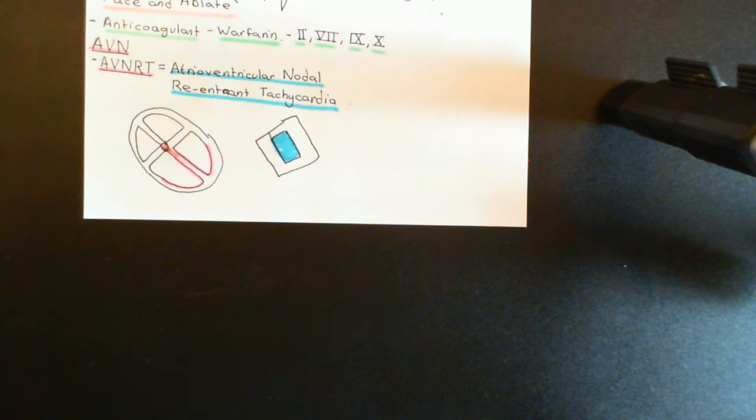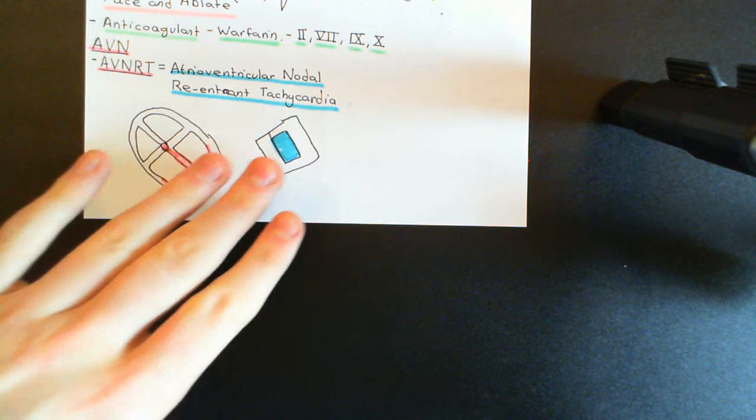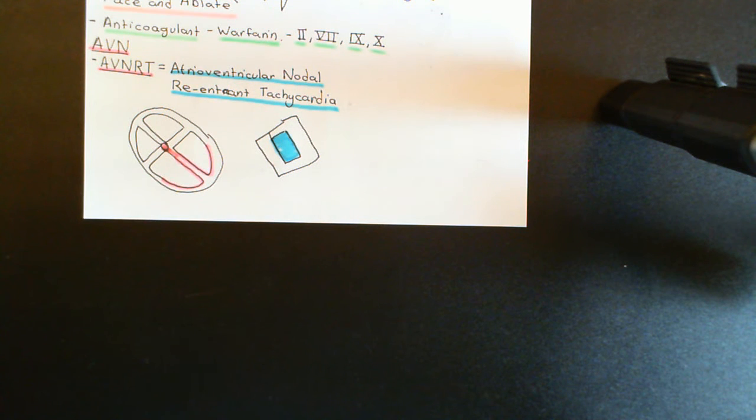Now, in atrioventricular nodal reentrant tachycardia, the actual arrhythmia occurs in episodes. So often people with reentrant loops in their atrioventricular node will have a perfectly normal heart rhythm. Okay, normally there'll be a normal sinus rhythm.